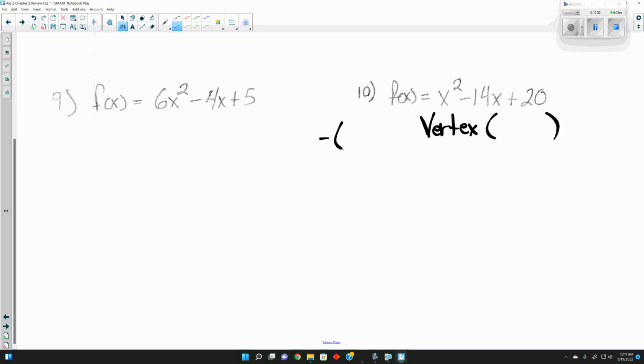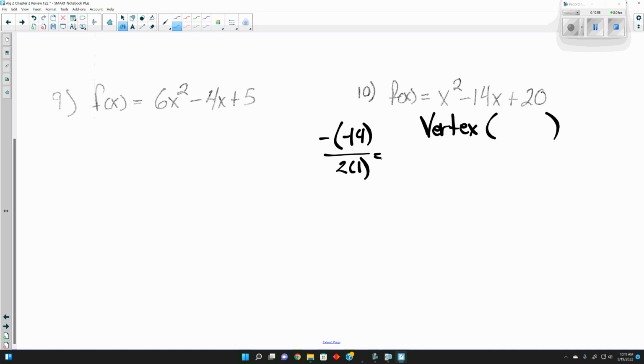So negative 14 over 2 times 1 is what we'll be plugging in. There's nothing wrong with doing negative parentheses, negative 14 close parentheses over 2 times 1. Typing it in just like that, and letting the calculator do it.